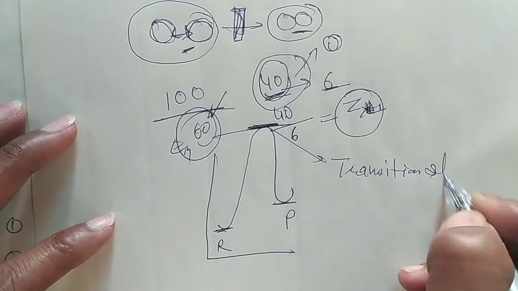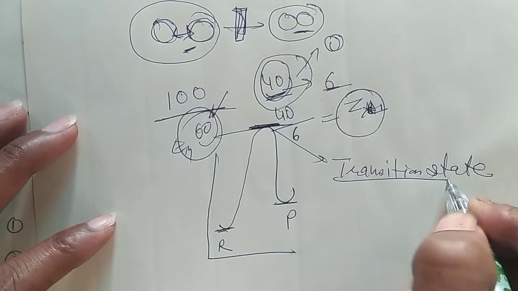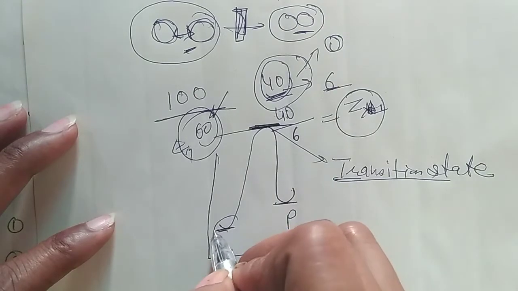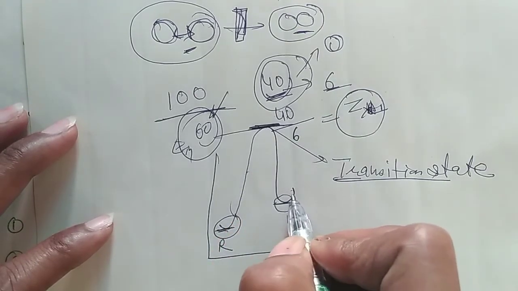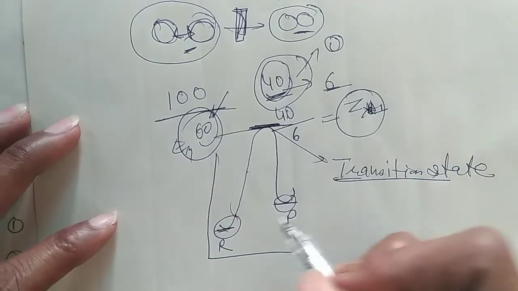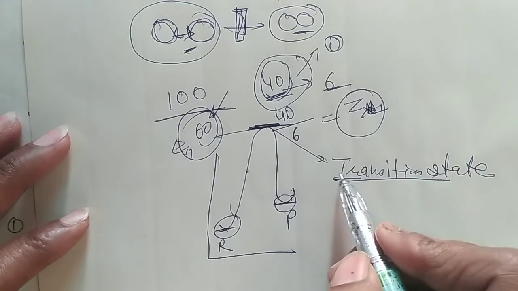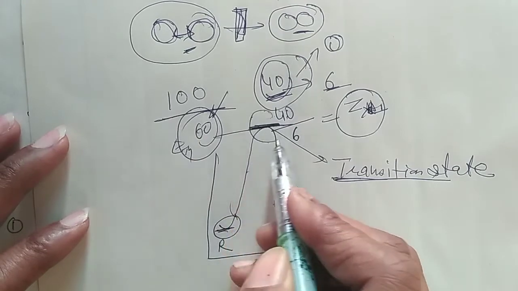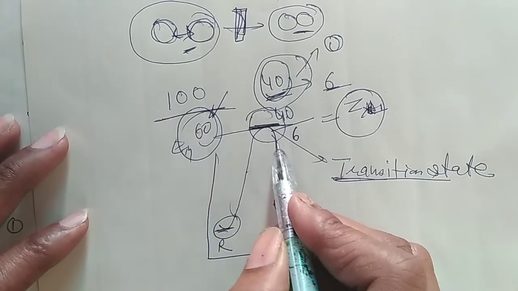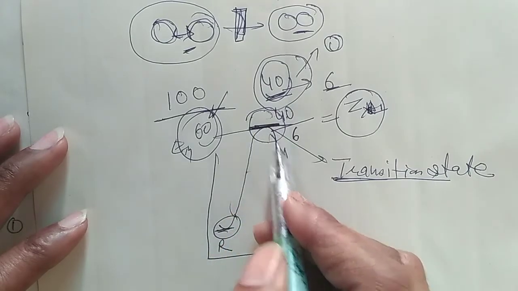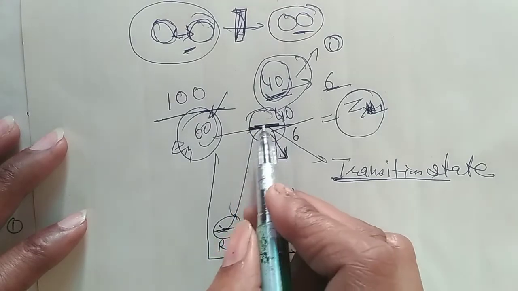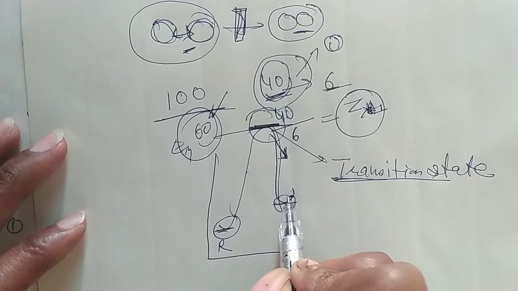Transition state means a state in which the breaking bonds are approximately broken and the newly forming bonds are approximately formed, that is, half position. So this state is highly energetic, so least stable. It is the least stable state and can convert easily into product.